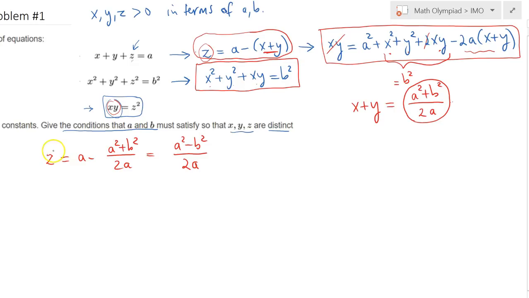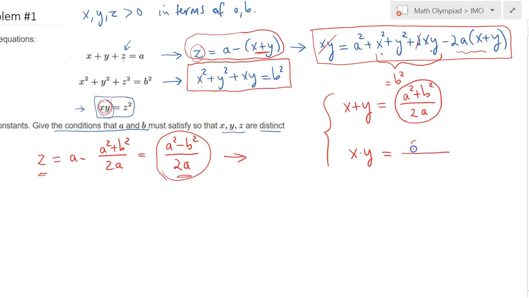Now I can go ahead and square this expression, both sides. z squared is just xy, so this would imply that x times y is just the square of this guy. It's the square of the numerator, which is a squared minus b squared, squared, over the square of the denominator, which is 4a squared.